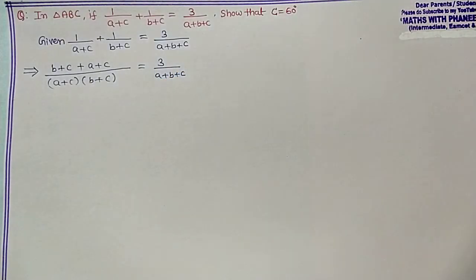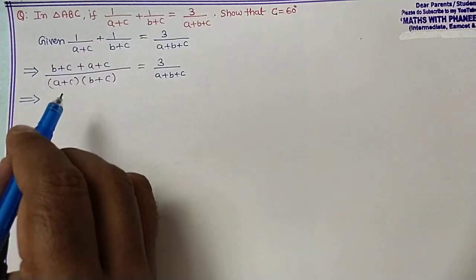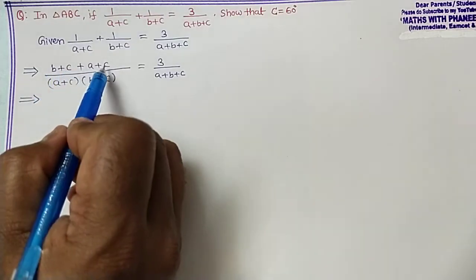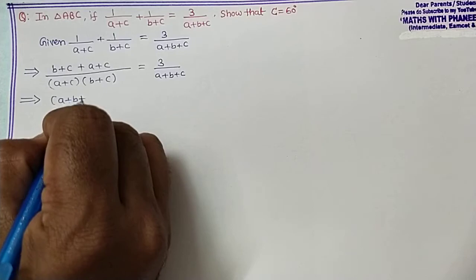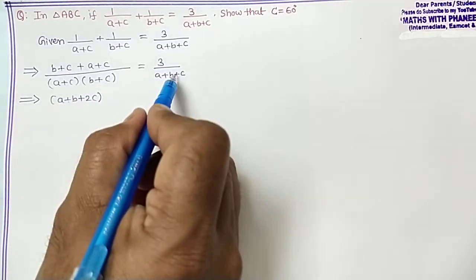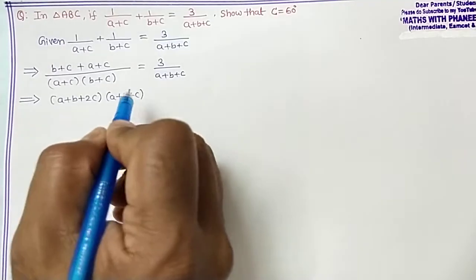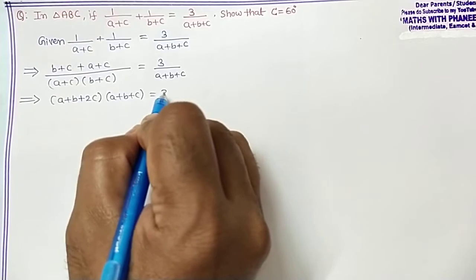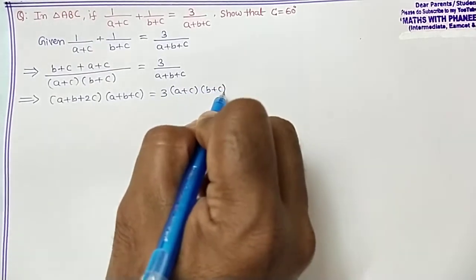After that, cross multiply. Here a plus b plus 2c into (a plus b plus c), which is equal to 3 into (a plus c) into (b plus c).